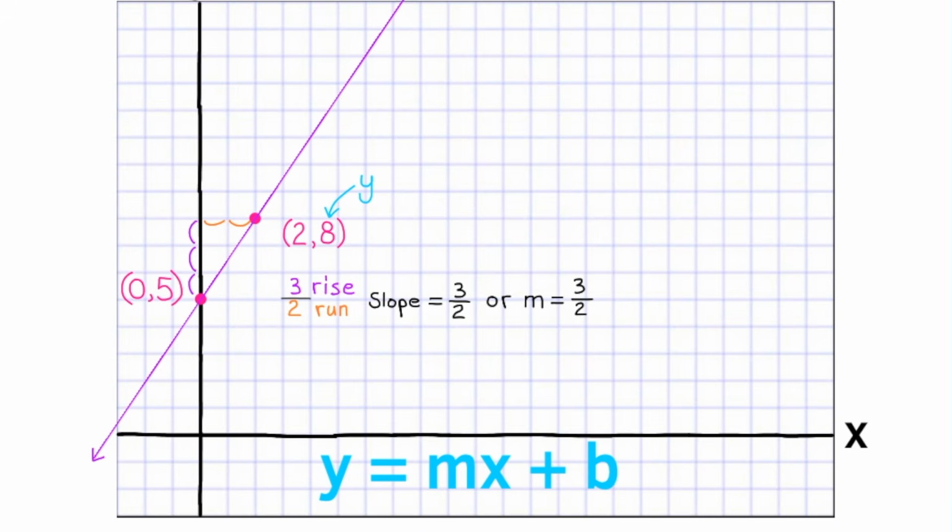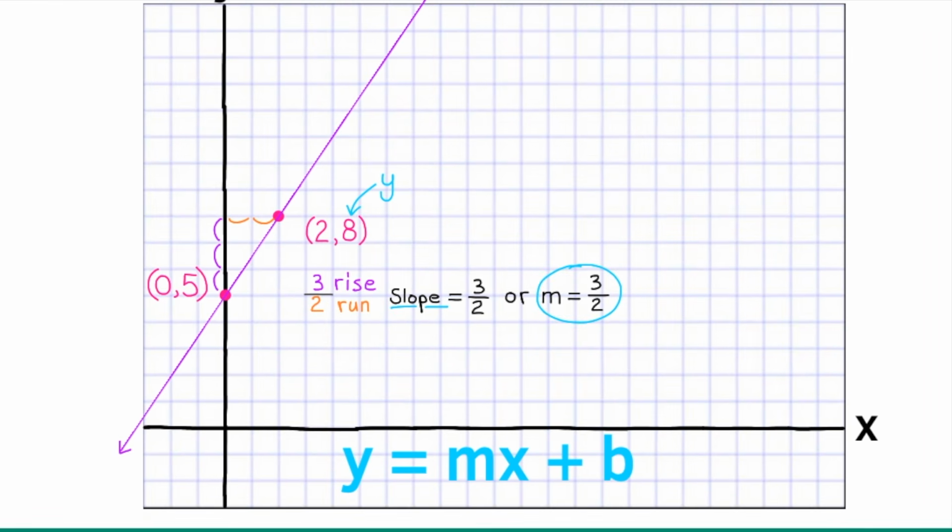Eventually, I'll substitute that y in the equation with the number 8. Remember, the slope is 3 over 2, or 3 halves. Eventually, I'll substitute the m in the equation with 3 over 2. The x in this set of coordinates has the value of 2. So eventually, I'll substitute the x in this equation with a 2.